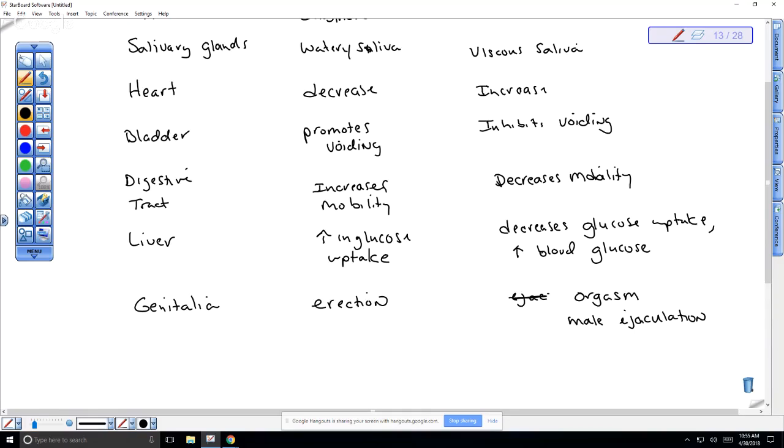So it's probably no wonder that a lot of times something goes awry and you can't have the full sexual response. So these have to work in coordination, not in opposition.